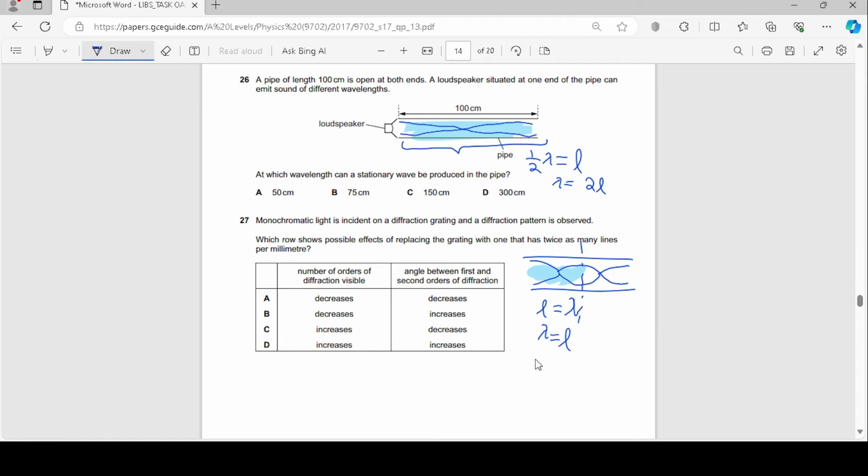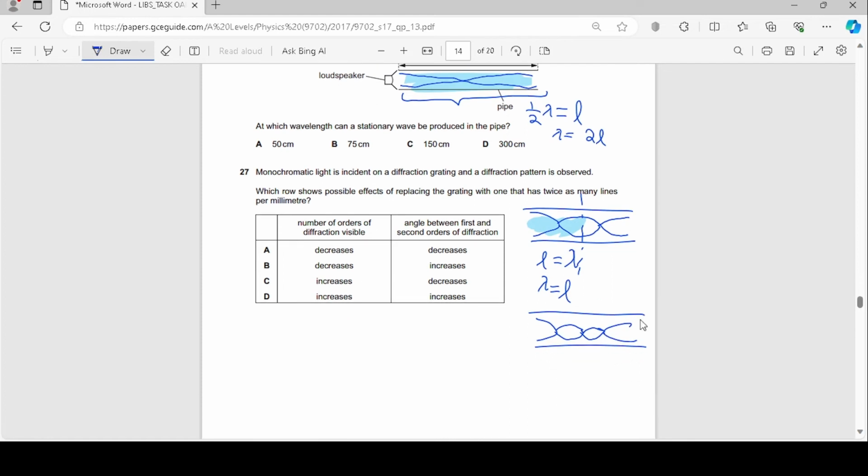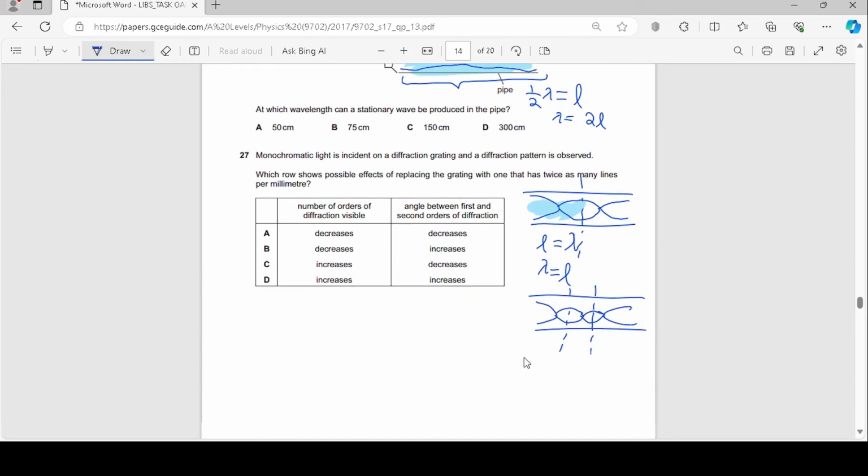And then if I consider the third harmonic, then I have this: half lambda plus half lambda plus another half lambda.